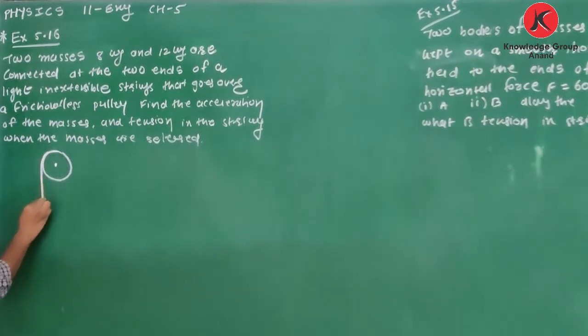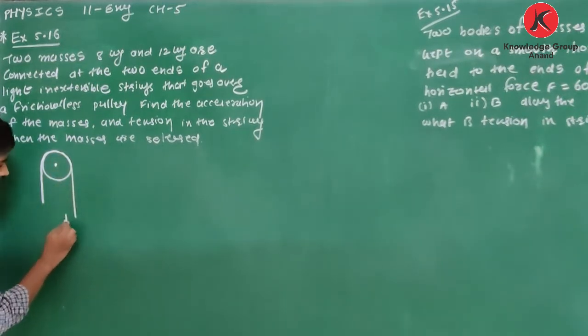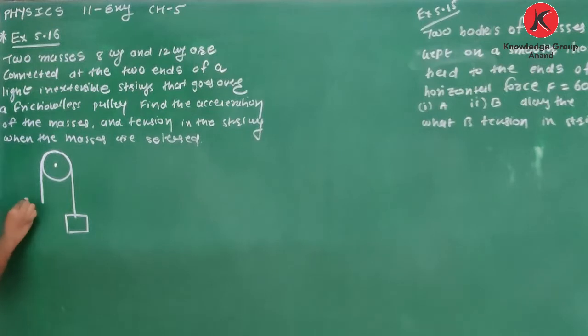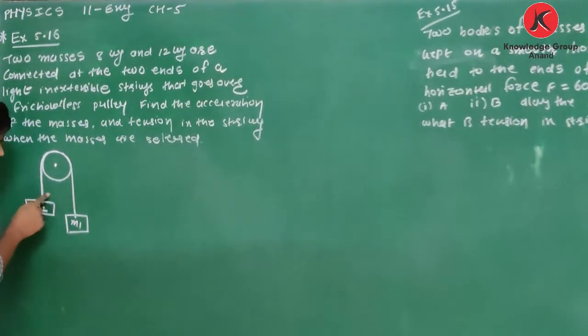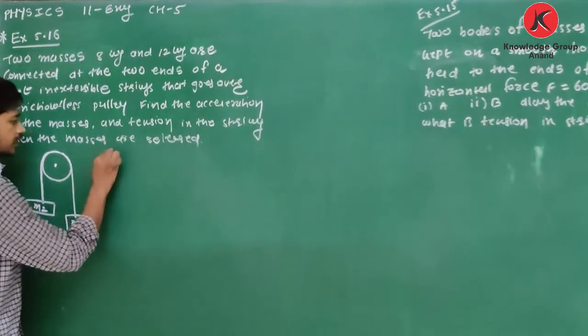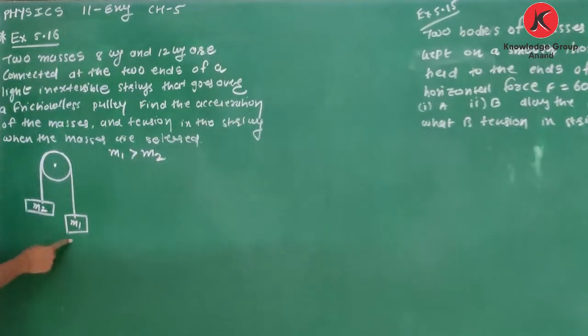Over this pulley, two blocks having mass M1 and M2 are connected with the help of one string as shown in figure. Let here M1 be greater than M2.